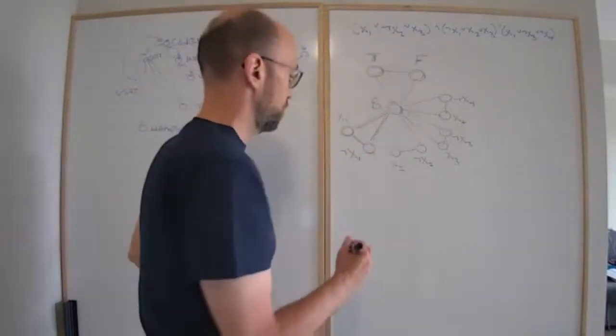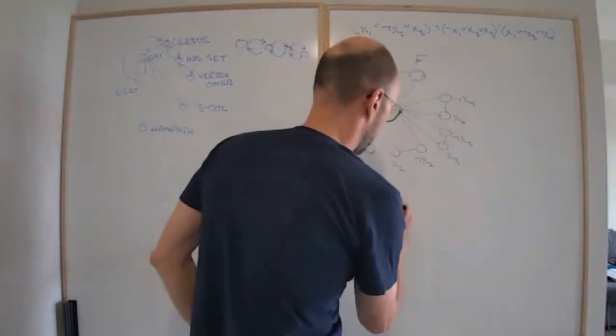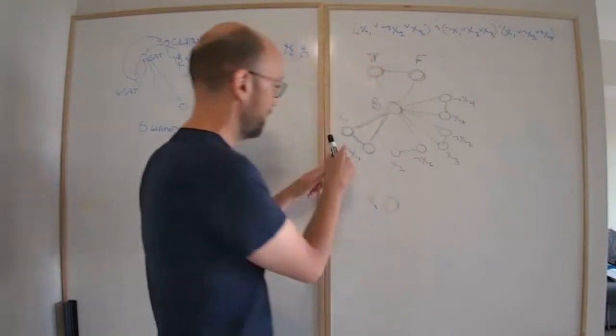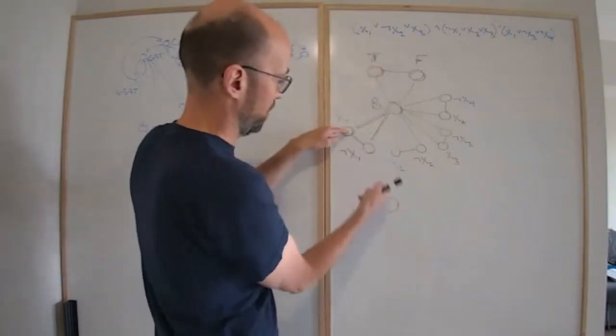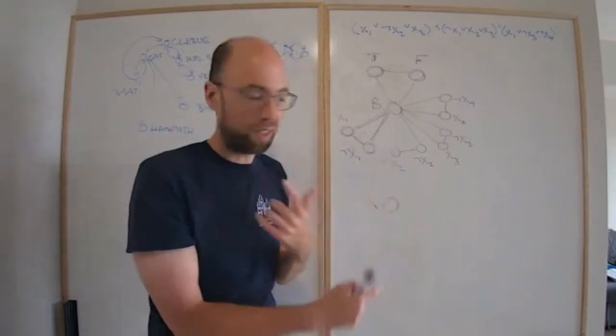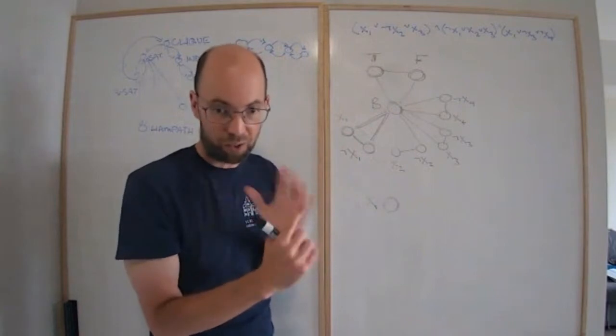For this clause, what do I want it to be? Well, I'm going to have x1, which is actually this. I'm just not going to draw the lines here. I'm going to draw the vertex again, but it only appears in the graph once.